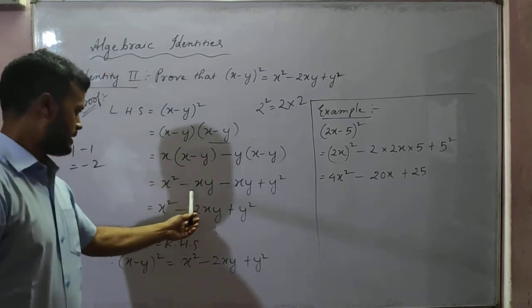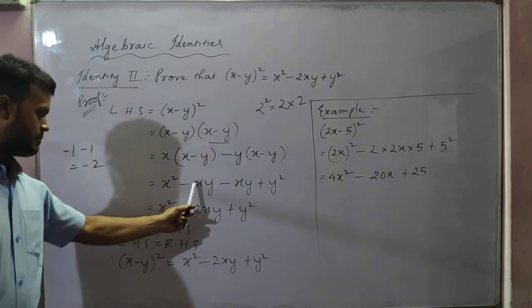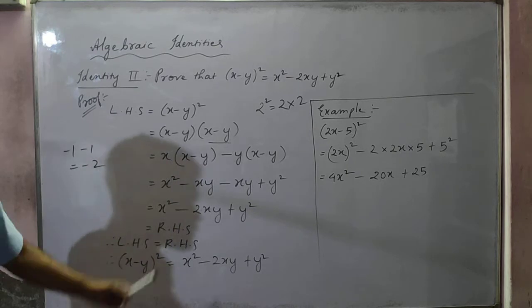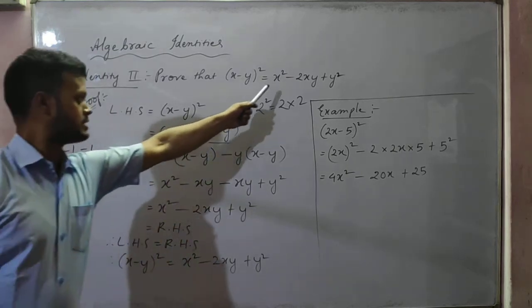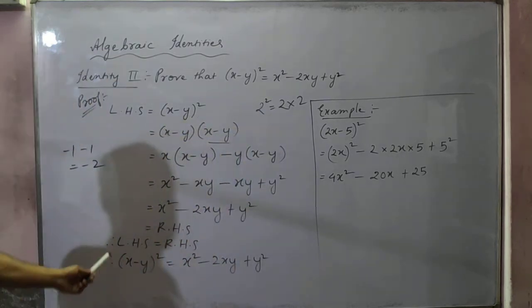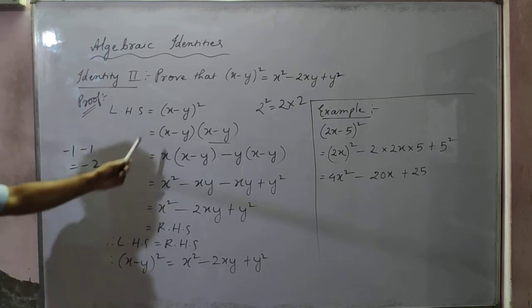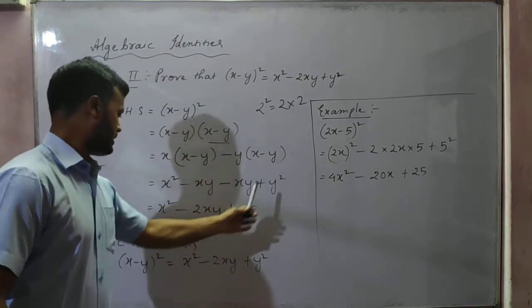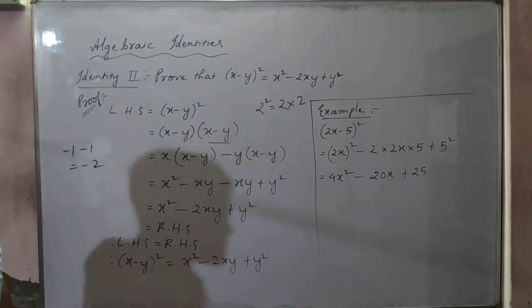Isn't it, students? There, nothing is there means 1 is there. Minus 1 it will become minus 2xy plus y square. That is equal to what? RHS. So therefore LHS equals RHS. Therefore x minus y whole square is equal to x square minus 2xy plus y square.